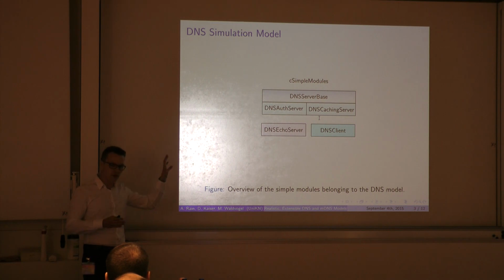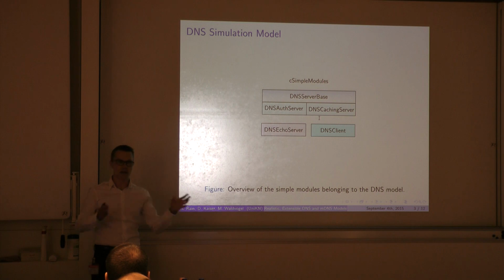So there are, of course, other components which are used by these modules, such as caches and configurators. We also defined a special packet, a DNS packet, which has fields and arrays specific to DNS packets.